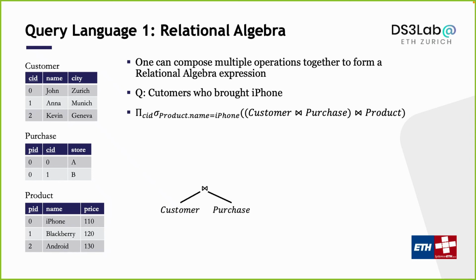You first do the natural join between customer and purchase, and then you do the natural join between the result of that natural join and a new relation, product. You do a projection over this. The only reason you are able to do this is because the output of each intermediate operator is also a relation. That's the only reason you can stack them up.